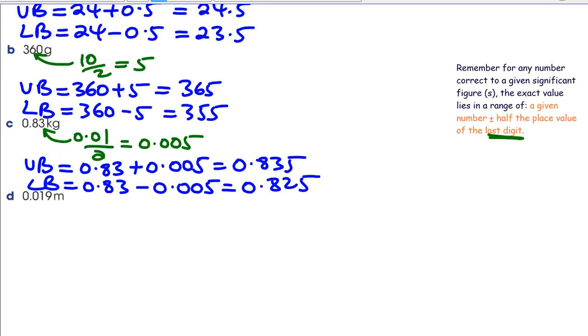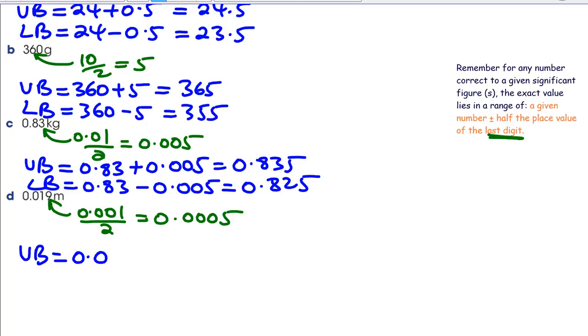Next, you look at the place value of the last digit, which is 0.001 divided by 2. That will be 0.0005. So the upper bound will be 0.019 plus 0.0005.